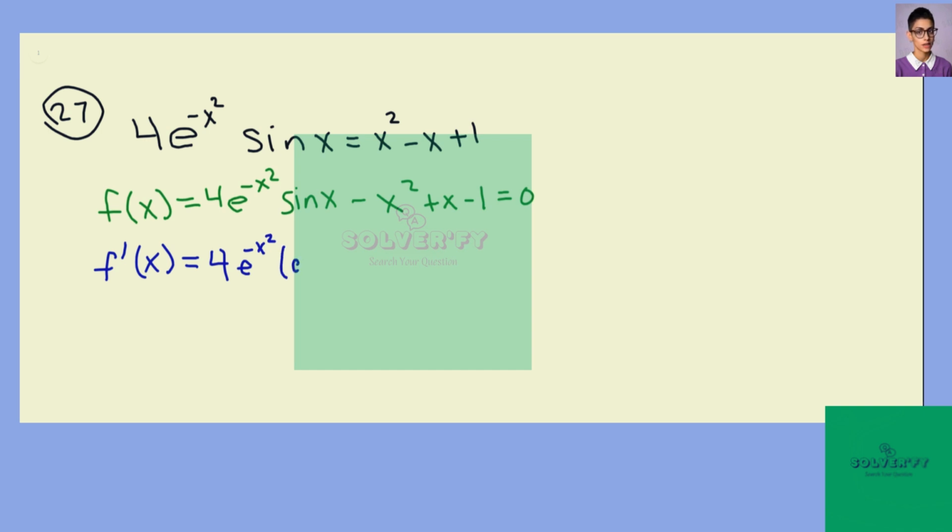That's going to be cosine x minus 2x sine x. Minus 2x plus 1.